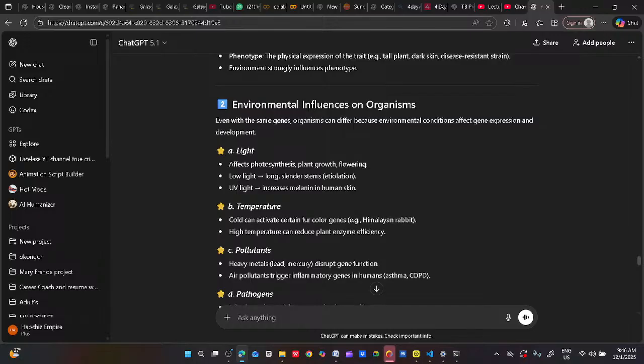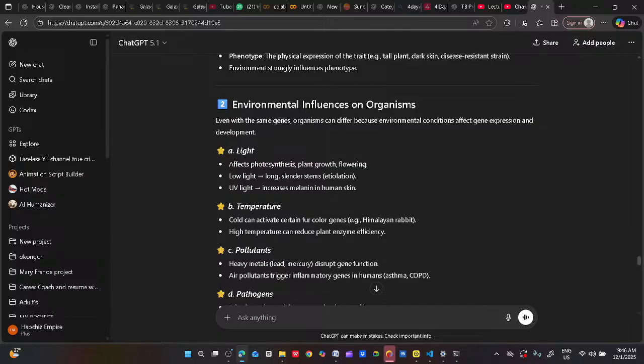So the second one is that if you are talking about low light, wherever there is low light, where you hardly have sunlight, what you should be expecting is that the plant is going to have a long, slender stem, and that is what is called etiolation.